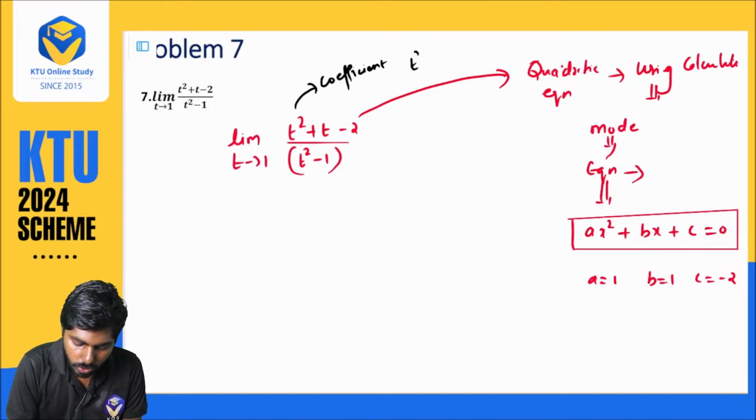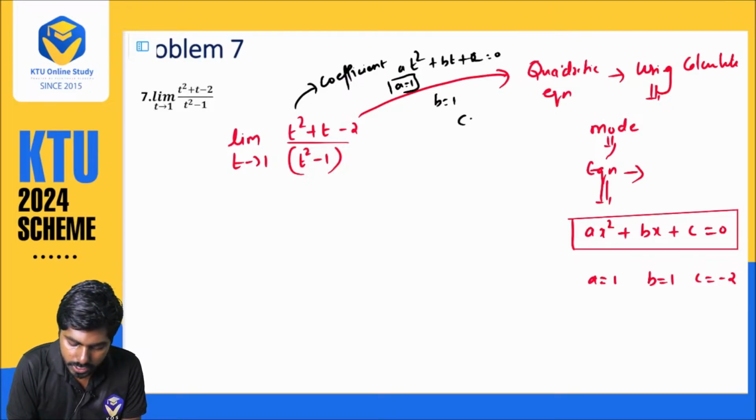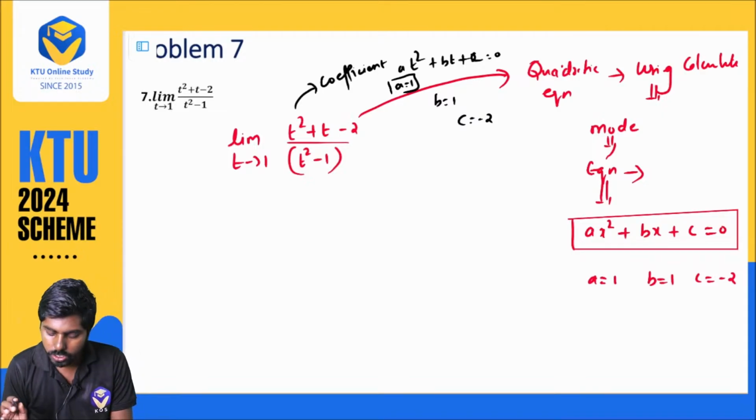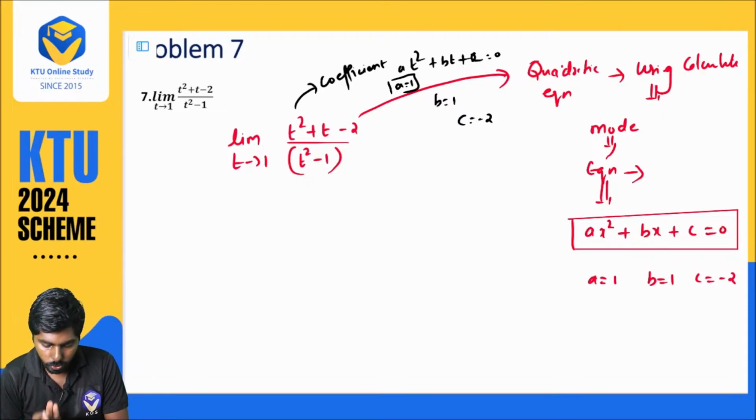That is the thing you apply, and you will get your roots. This is the way to use your scientific calculator, in equation mode, with the degree ax square plus bx plus c.